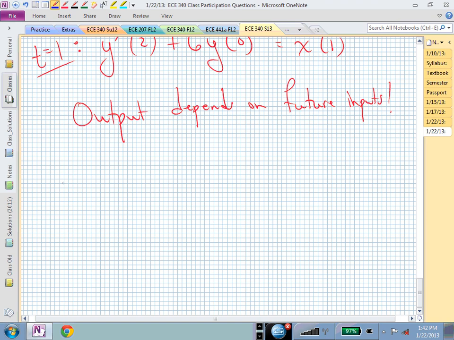What about instantaneous versus dynamic?